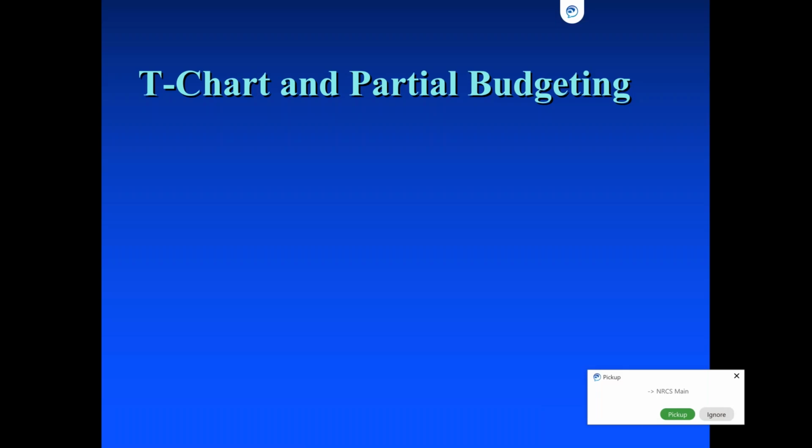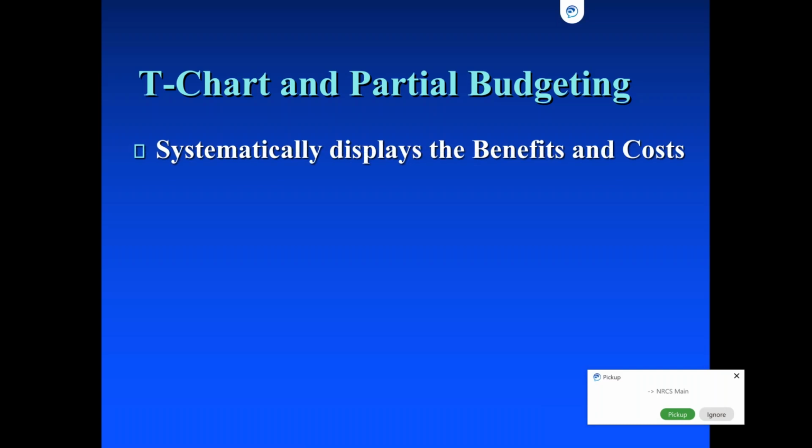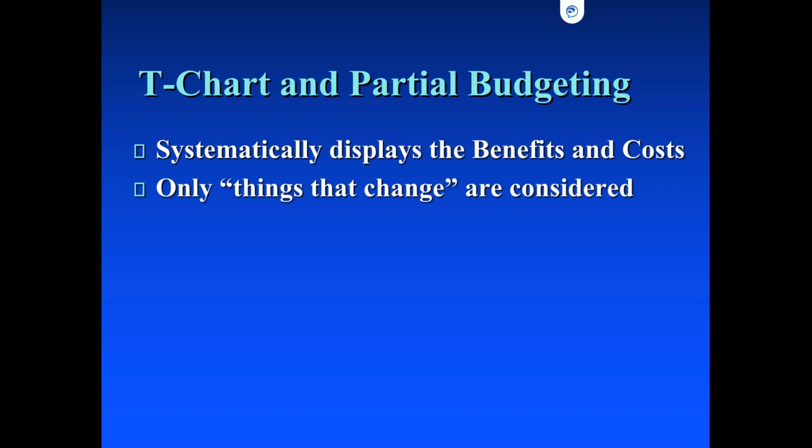Partial budgeting is a tool that systematically displays the benefits and costs of an alternative. Only the benefits and costs that are changed are considered, okay? It compares benefit and cost to determine if there is a change in net farm income or non-income benefits.